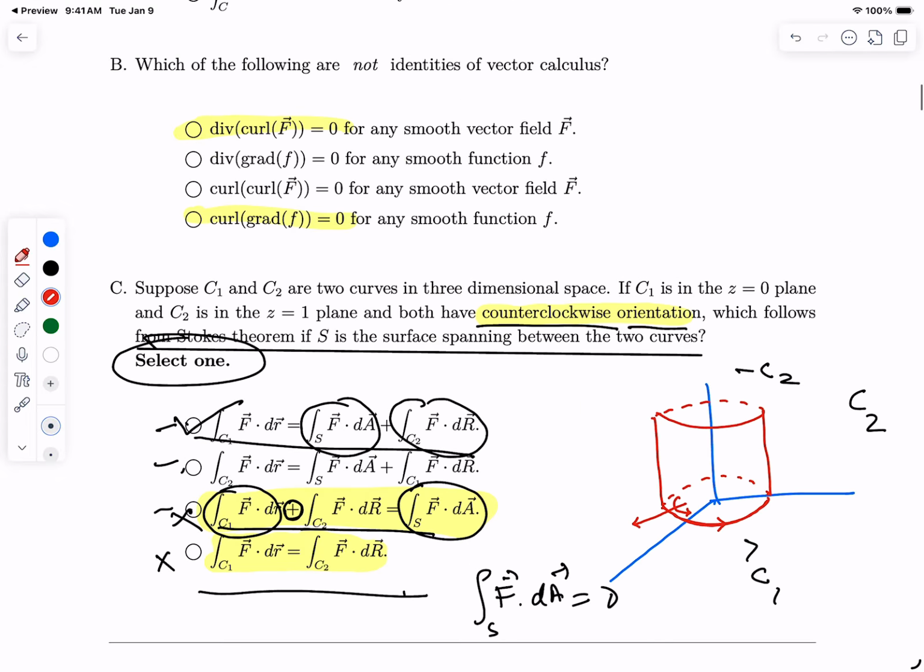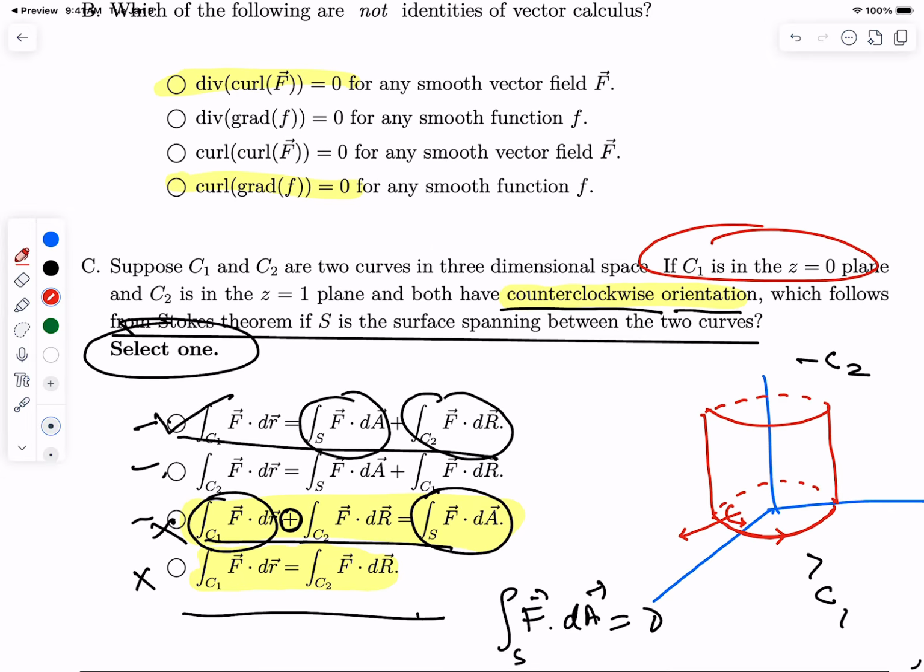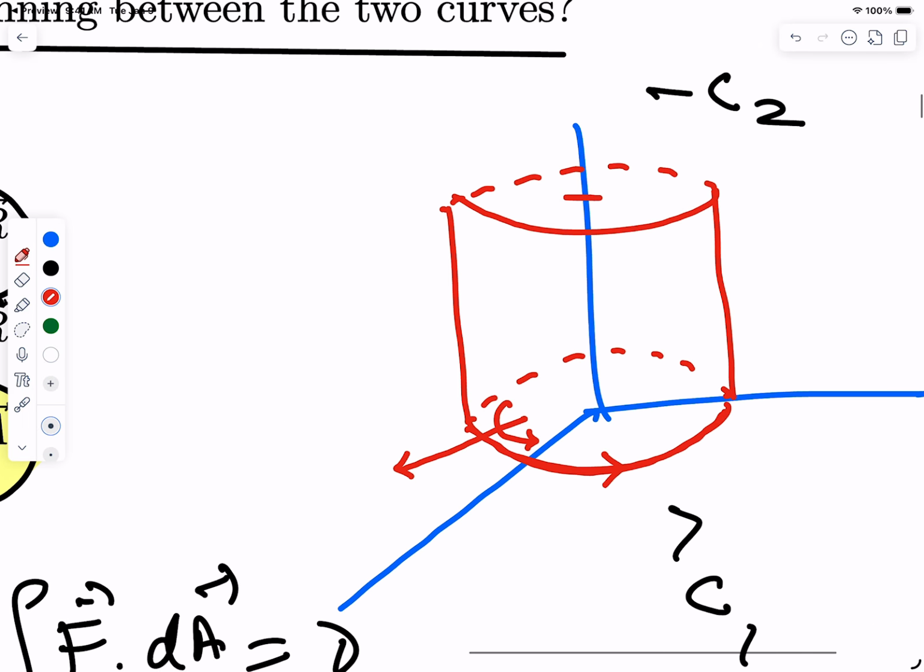It is explicitly mentioned here. C1 is in the z is equal to 0 plane. C2 is in the z is equal to 1 plane. So this is z is equal to 1. This is C2. If I draw a normal here, by the right hand rule, I get this orientation on C2. Okay.